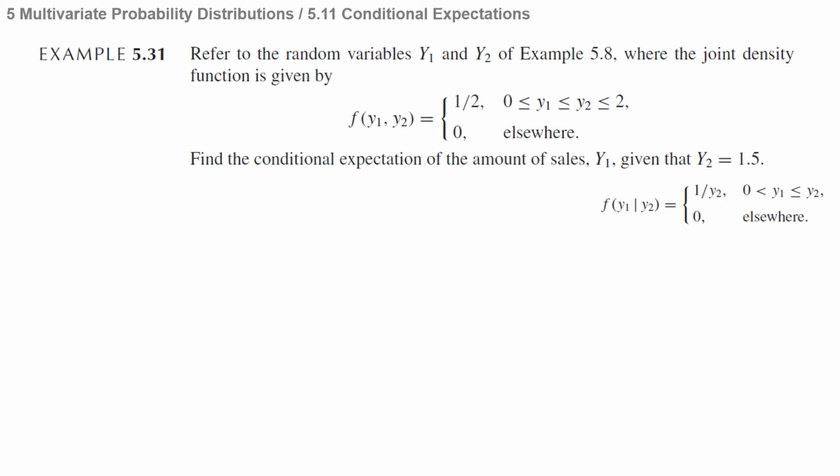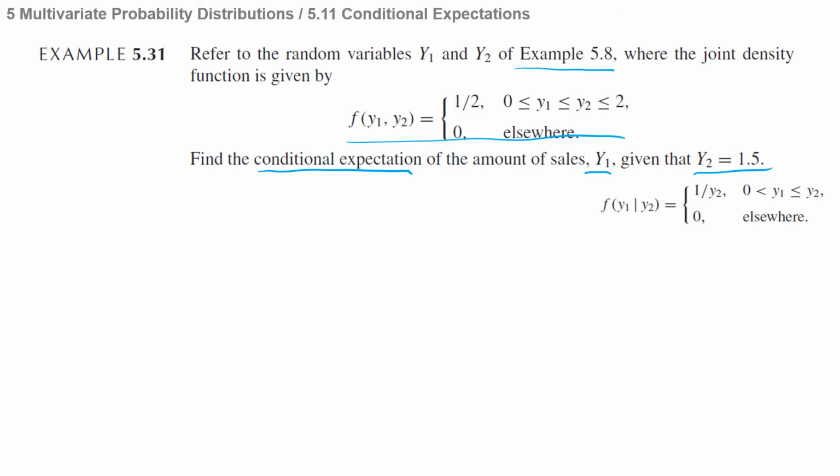Okay, let's move on to example 5.31. Refer to the random variables y1 and y2 of example 5.8, where the joint density function is given by this, and find the conditional expectation of the amount of sales y1 given y2 equals 1.5.